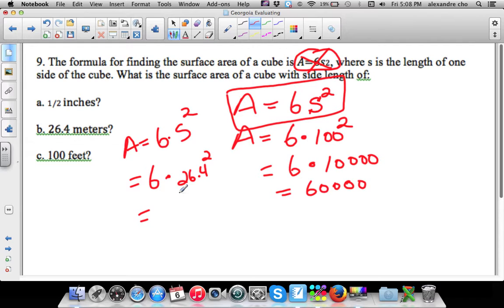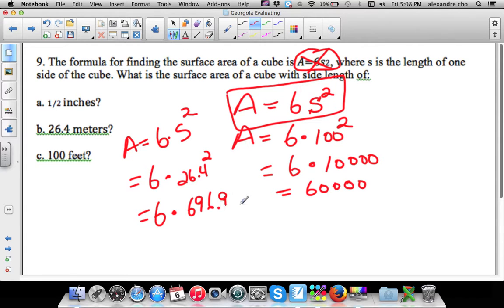You're going to do 26.4 times 26.4, because that's what the second power means. The 6 stays the same because you're still not multiplying, you're doing exponents first.